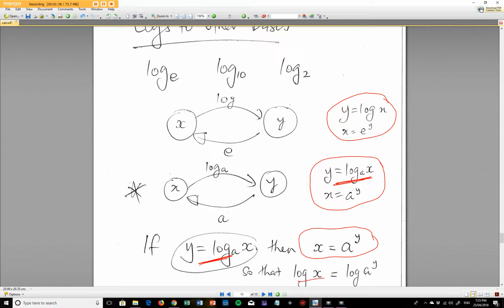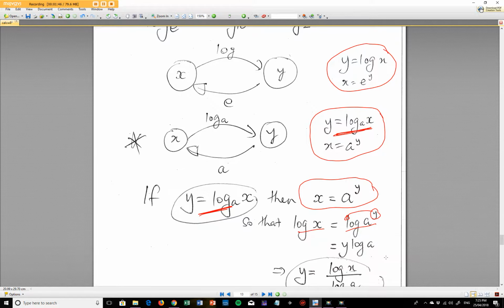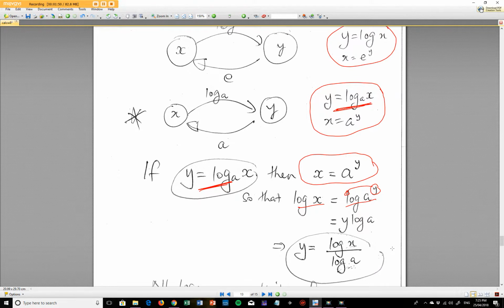So natural log of x equals natural log of a to the y. And then the y will come down. So log x equals y log a. Solving for y, we get that y is equal to the ordinary log divided by log a. So what we started with is log base a of x, and what we're finishing with is the fact that that's exactly equal to log x, the natural log, divided by log a.